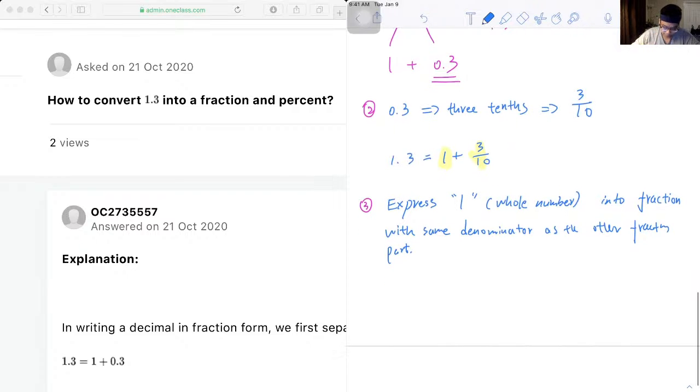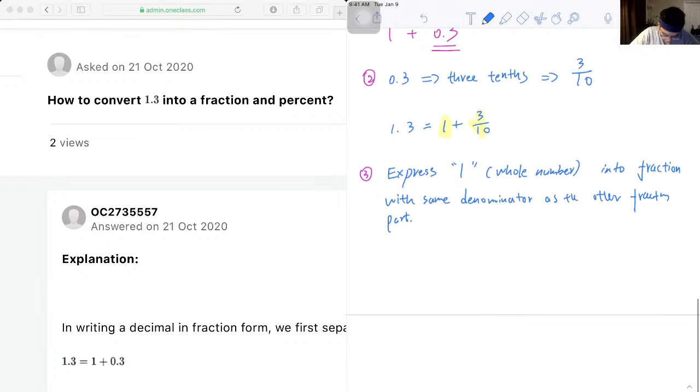And we can get the numerator by multiplying the number by the denominator.